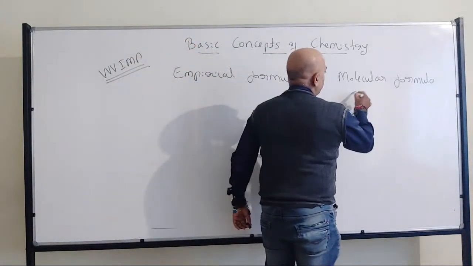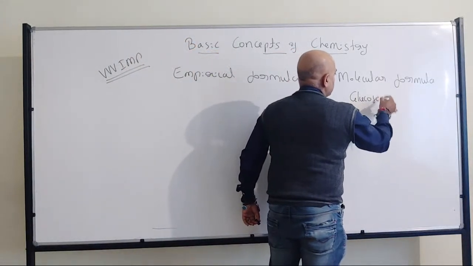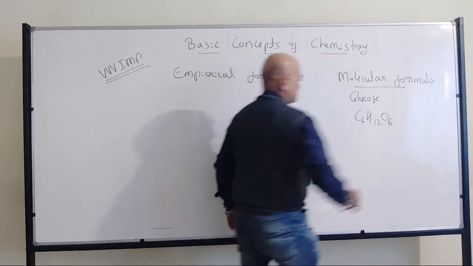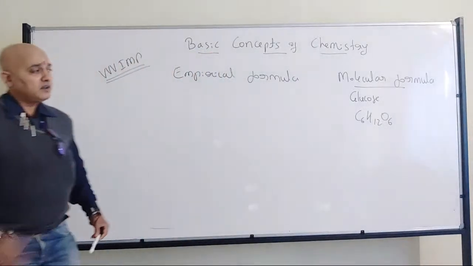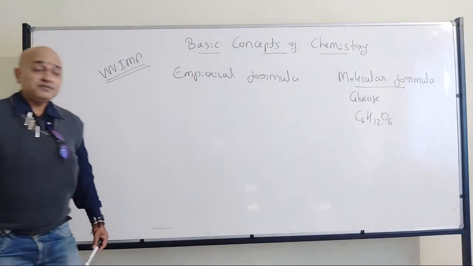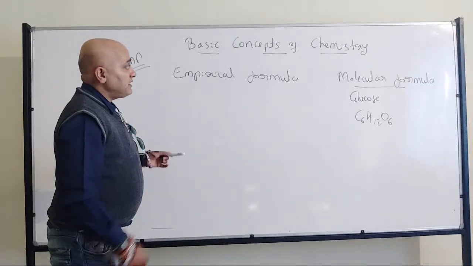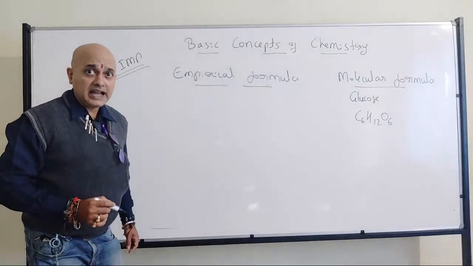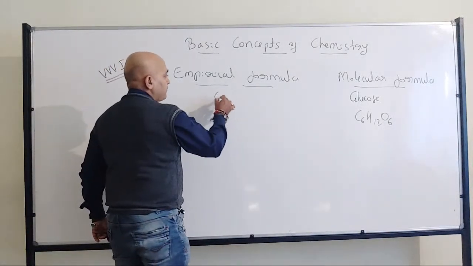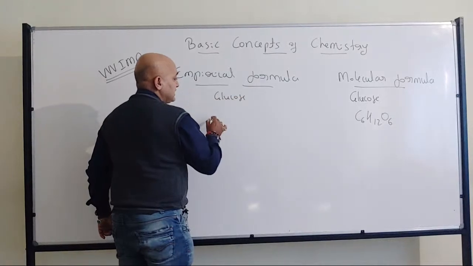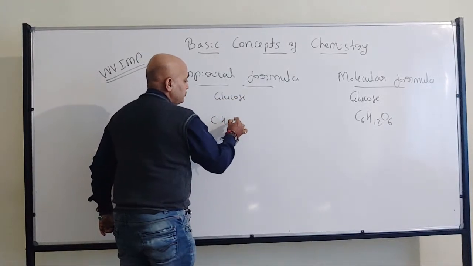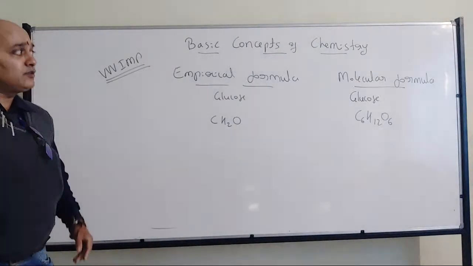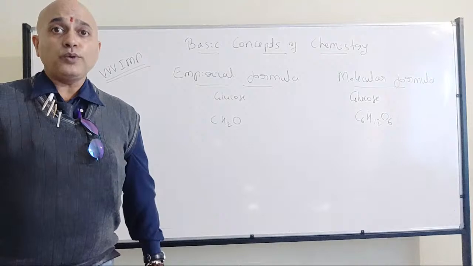So the molecular formula for glucose will be C6H12O6. Fine? That's what all of us know. If that is the case, I will write the empirical formula for glucose as CH2O.